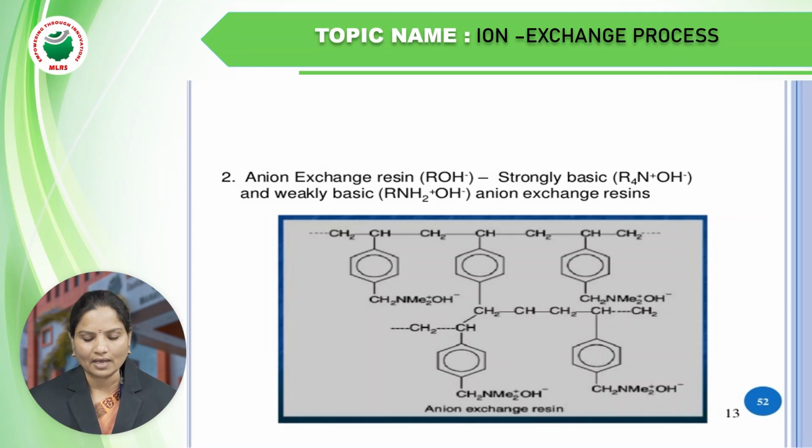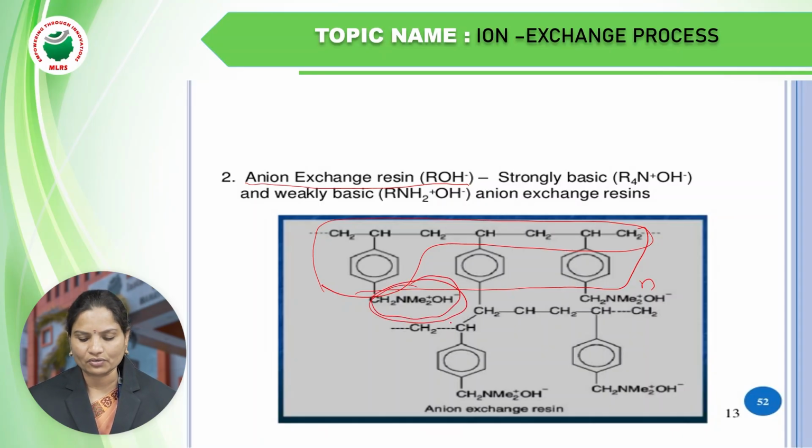The second one is the anion exchange resin. The anion exchange resin is also polystyrene attached with basic functional groups, strongly basic or weakly basic. This is the polystyrene molecule, with n number of units attached with basic functional groups like ammonium hydroxide or sodium hydroxide.